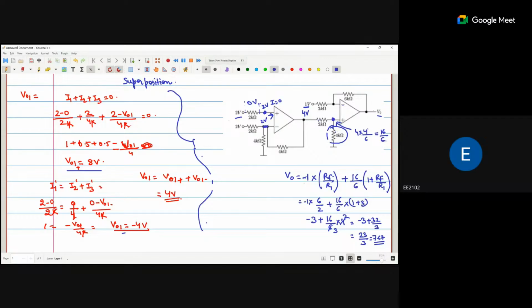Now consider the current that is coming here. It will go in this branch and this branch. If you apply directly, the equation is: incoming current, 2 minus 2 divided by 2k, is equal to outgoing current. Outgoing current in this branch is 2 divided by 4, and outgoing current in this branch is 2 minus V naught divided by 4.